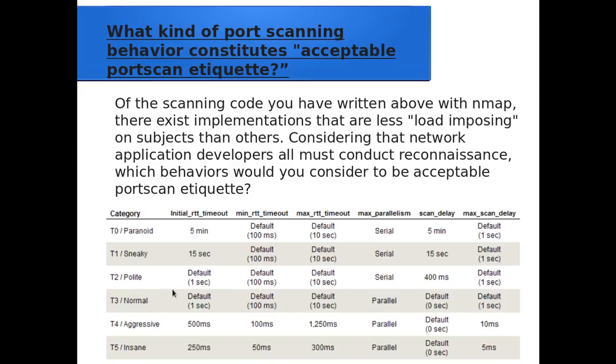However, things change when you get to the T3 or normal scan. In this case, template number 3, the normal template, template number 4, the aggressive template, and template number 5, the insane template. Sorry about that.